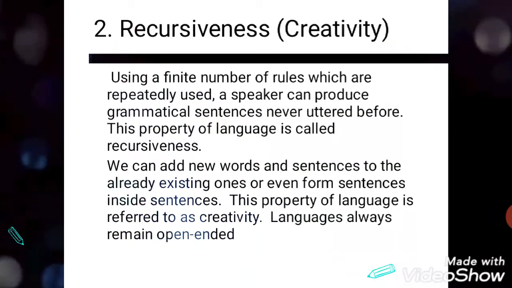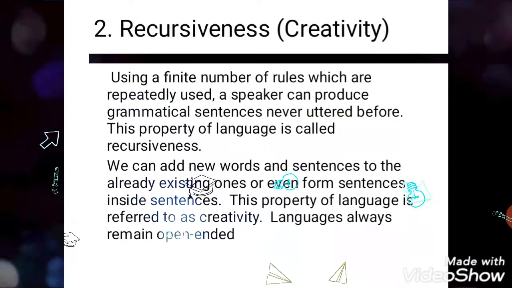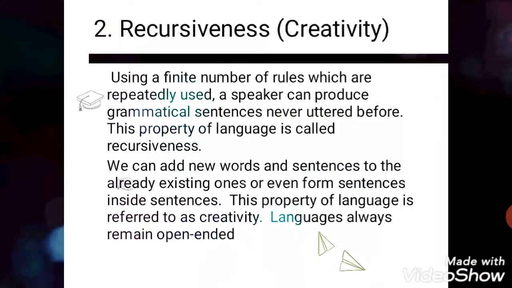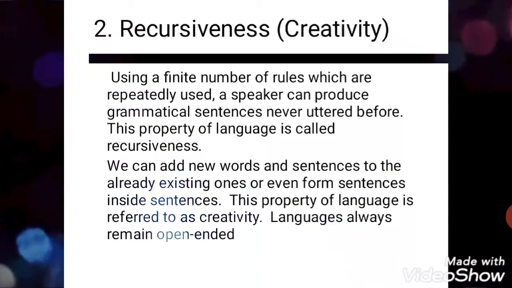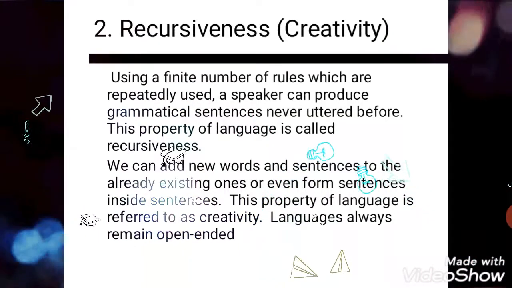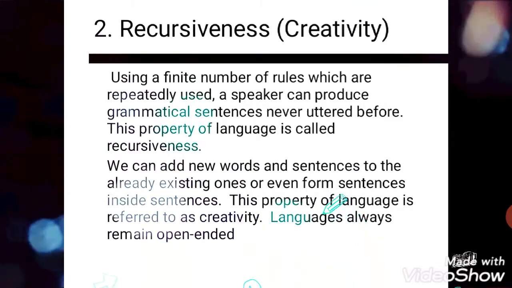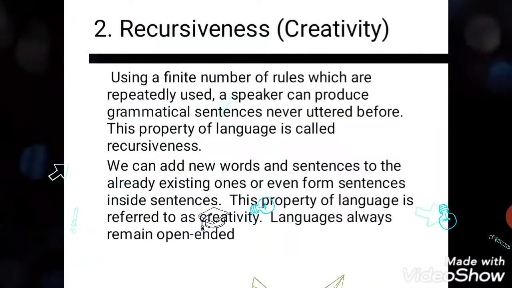Human language may therefore be called an open-ended system. Animal language, on the other hand, exhibits only very little creativity or recursiveness. It does not have any variety of combination or organization of constituent elements. So that is creativity. It's an important feature of human language.